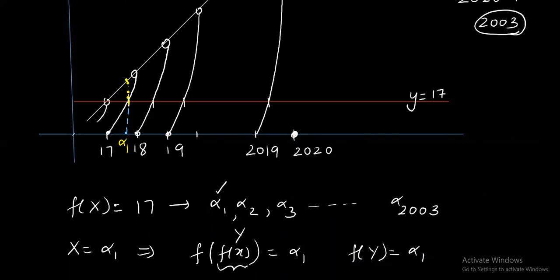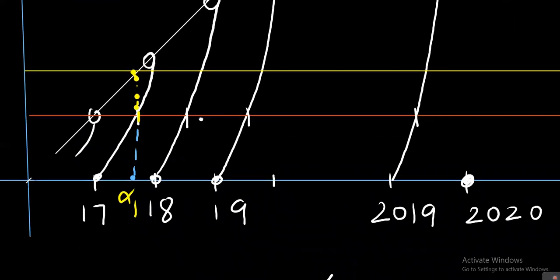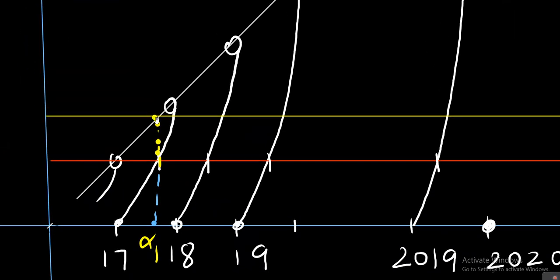I'm going to trace a horizontal line at y = alpha 1. See, I have traced it. This is y = alpha 1, right? So let me just show you. Just look at this one. This is alpha 1. The line that I have traced here is y = alpha 1.